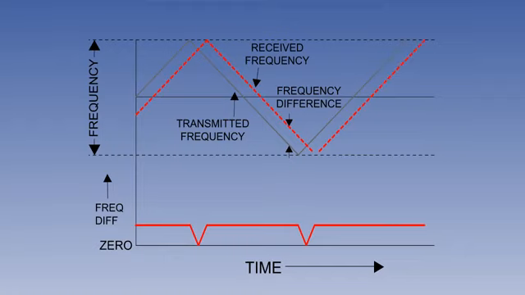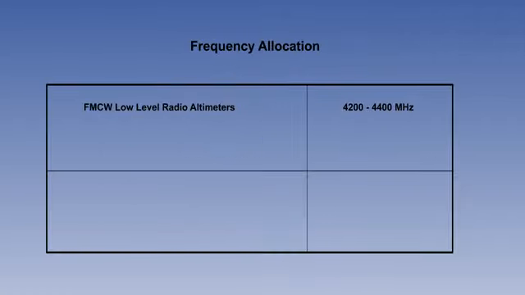This is why it is called a radio altimeter and not a radar altimeter, which is pulsed. The primary frequency band used is 4200 to 4400 MHz, also known as 4.2 to 4.4 GHz. This is in the super high frequency or SHF band.